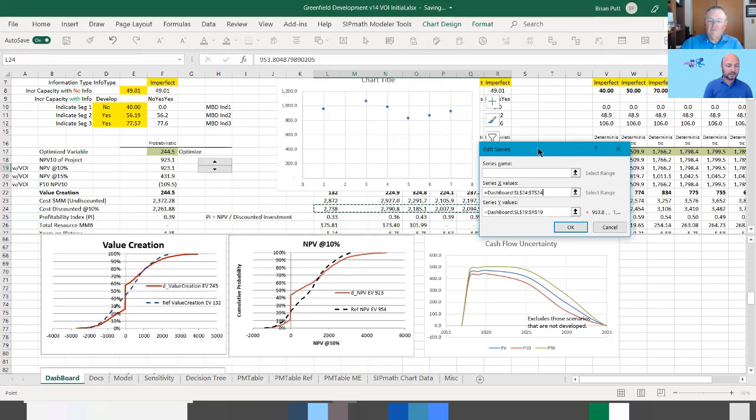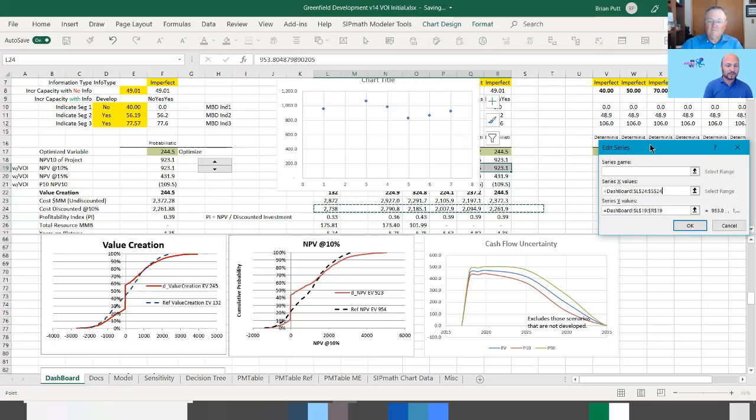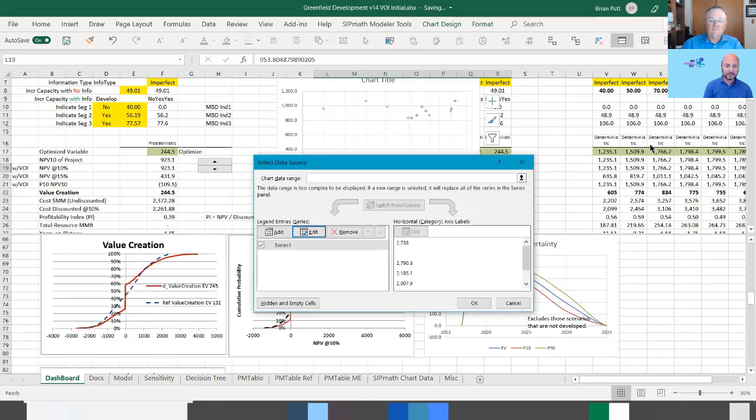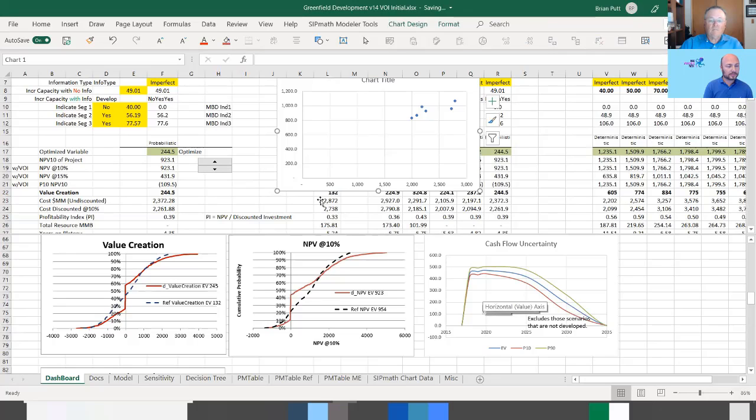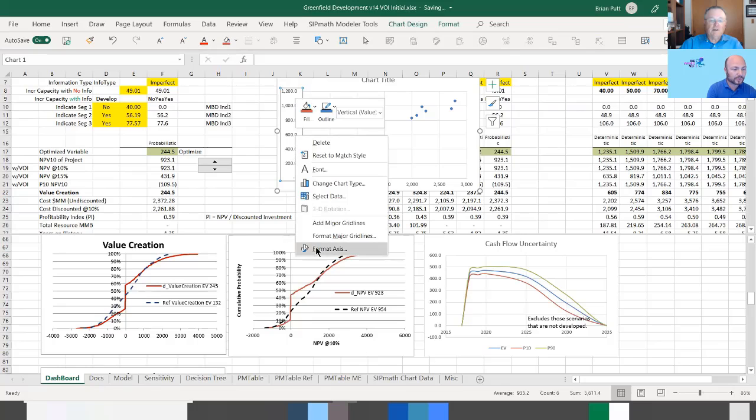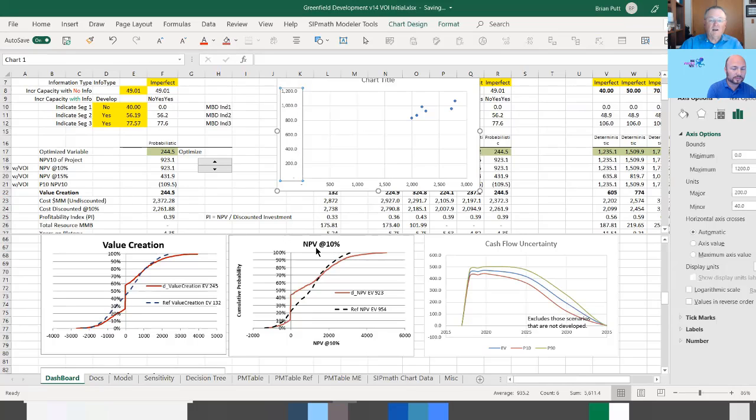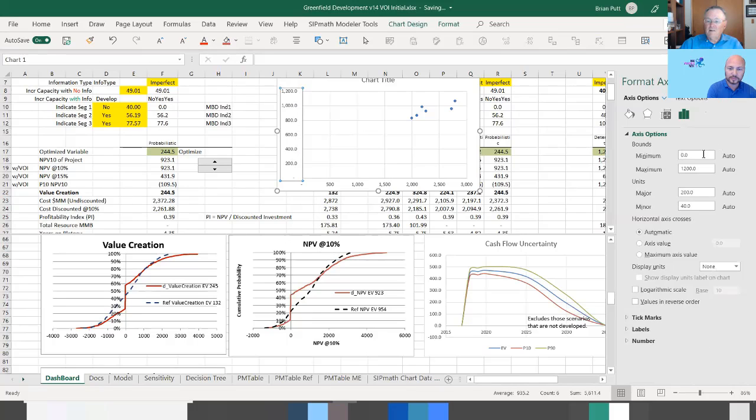Let's see if that's right. How far do I need to go? Okay. And then we might want to make it easier here. We'll make this, let's say, 600. That's the advantage of the XY graph, is I can really manage what I'm looking at here.